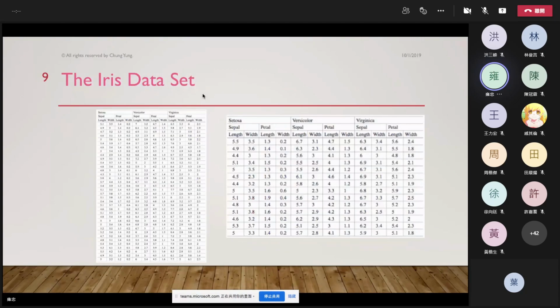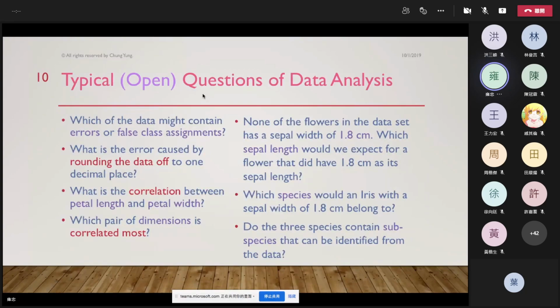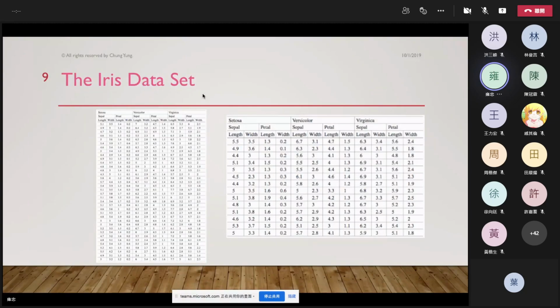The second row on the sixth column is the nearest number to 1.8, which is 2.3. So I would expect if we do have the data 1.8 as sepal width, maybe it's versicolor.